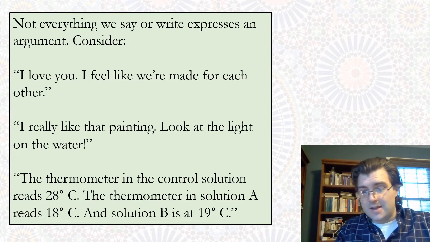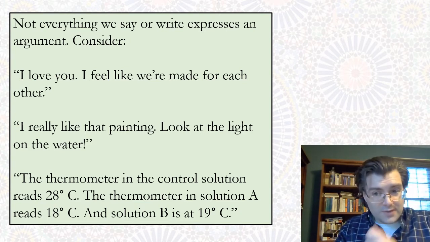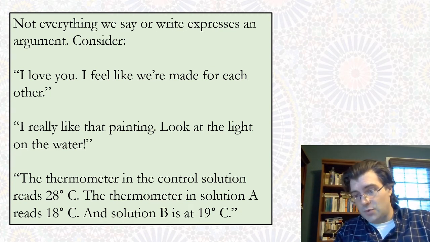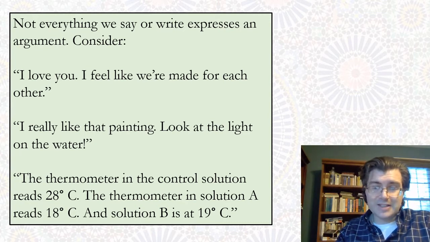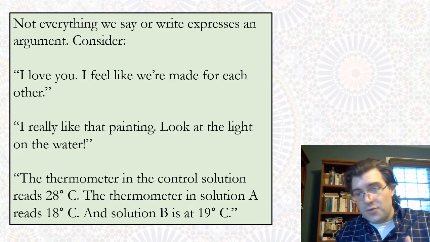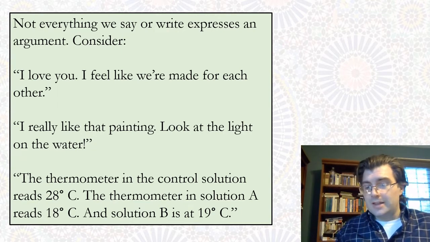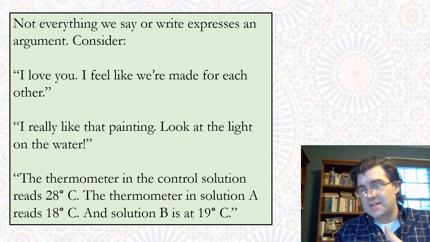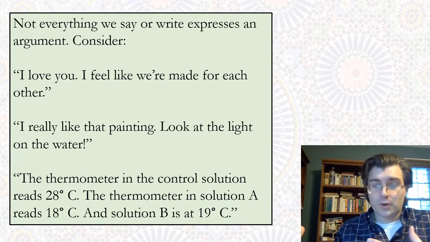For instance, the passages on this slide, none of them express an argument because none of them involve a set of claims where some of the claims are intended as support for others of the claims. If someone says, I love you, I feel like we're made for each other, these are two very nice things to say, but it's not like one of them is intended as support for the other one.